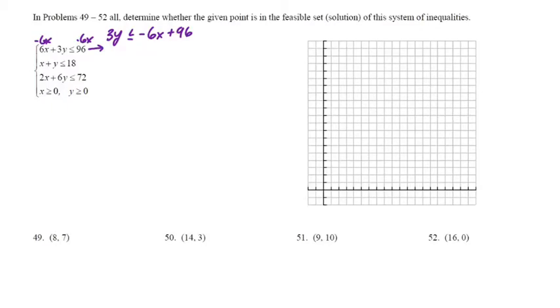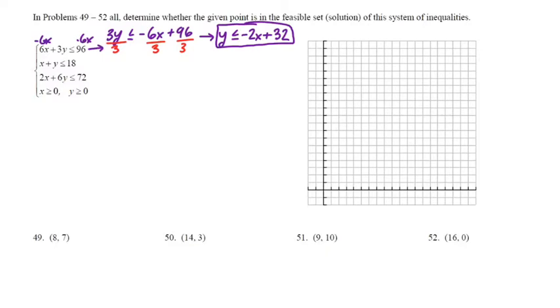And then again, we want y by itself, so let's just divide everything through here by 3. Divide by 3, divide by 3, divide by 3. And our final result here will be y is less than or equal to negative 2x plus 32.